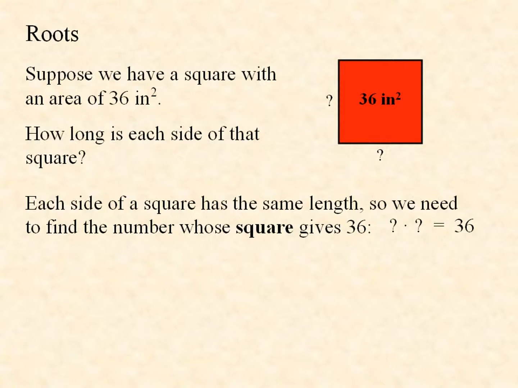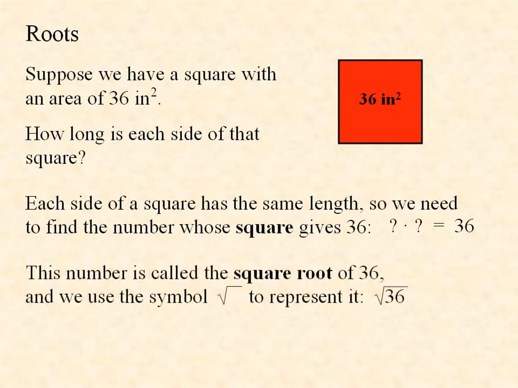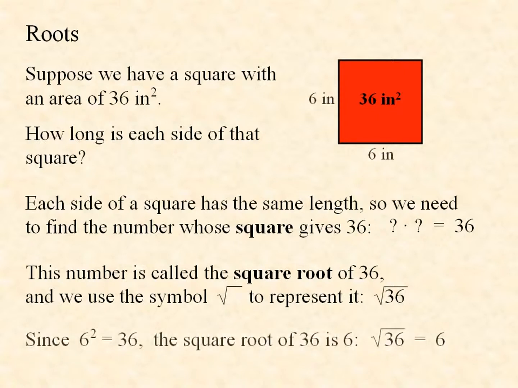What times what is 36? This number is called the square root of 36, and we use that square root symbol to represent it. Since 6 squared is 36, the square root of 36 is 6.